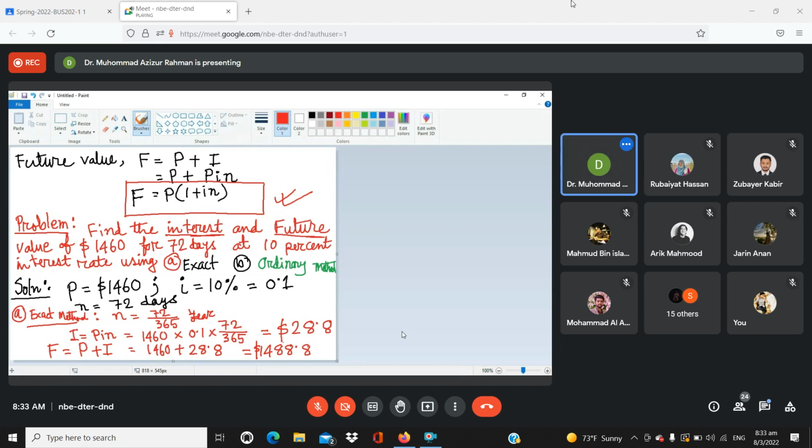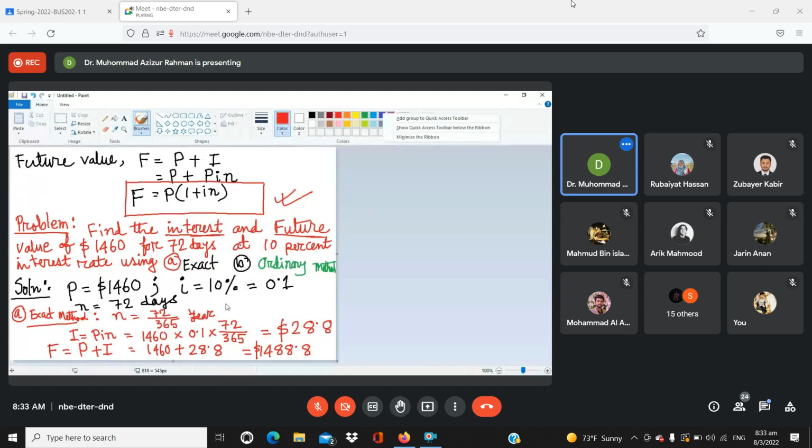And if we want the ordinary method, what should we do? We just need to change the formula for n. So just change the n only, that's all. Let's do a quick calculation.